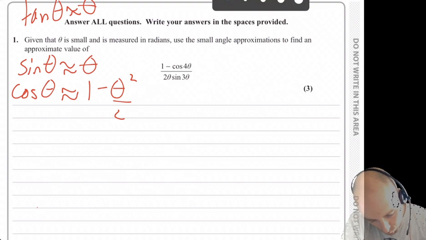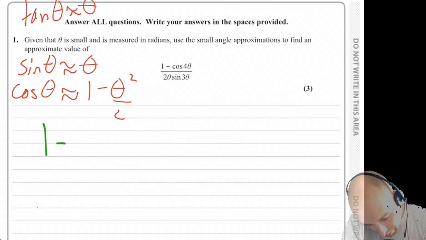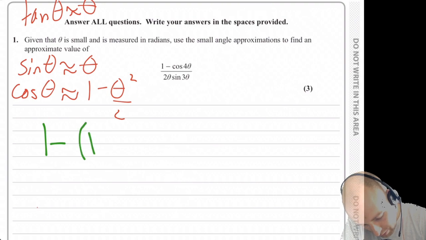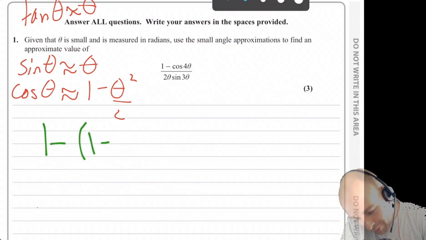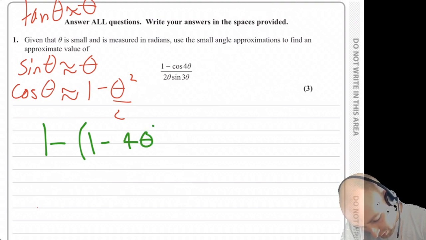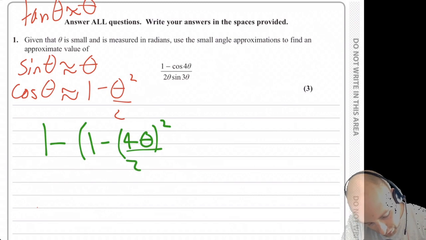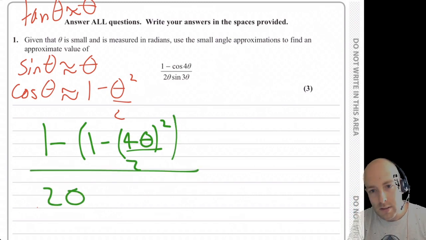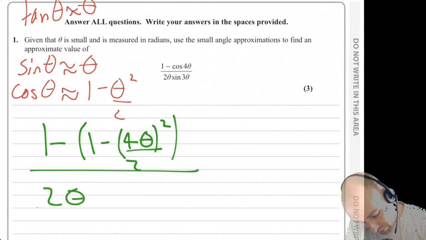So we're going to get 1 minus cos, which is now going to be 1 take the 4 theta, all squared, over 2, all over 2 theta, and then sine 3 theta is going to turn into 3 theta, so times 3 theta there.